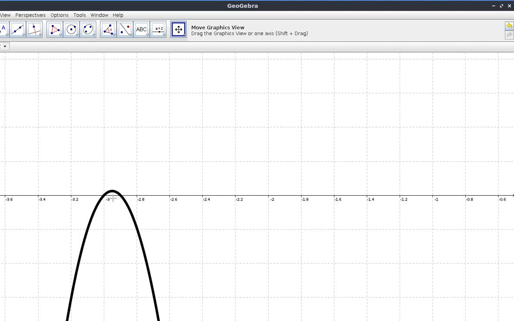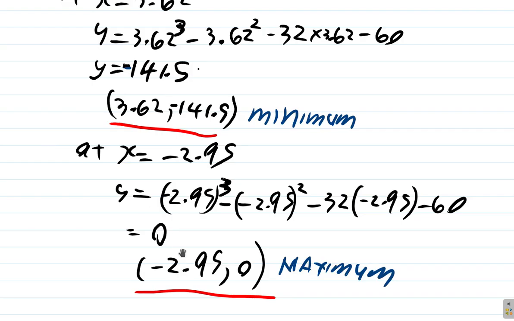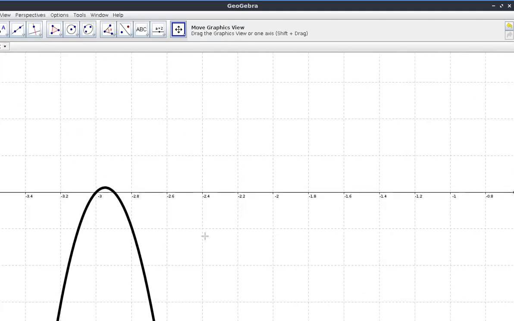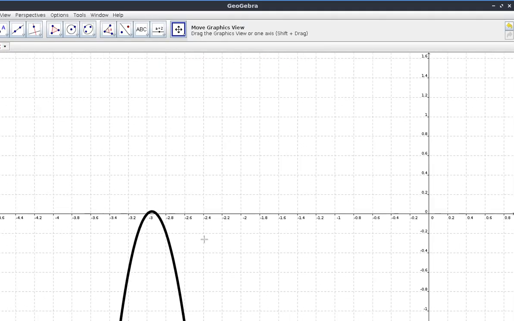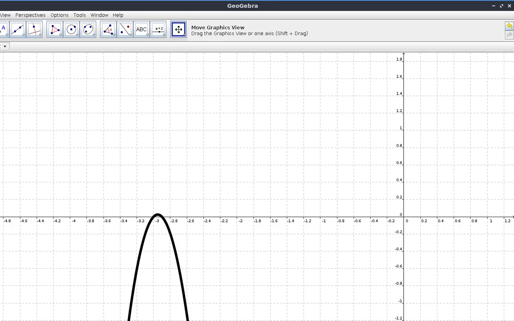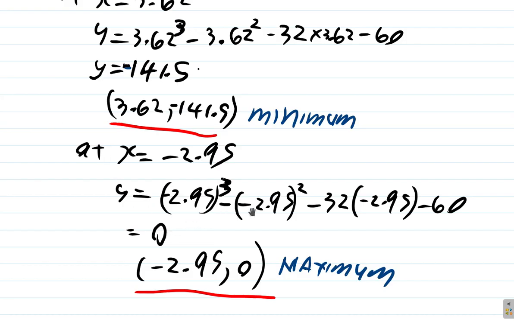You can see it's a tiny bit above 0. I remember that happened, but I equated it to just about 0 because it's so near. And then it's a maximum point. So there you have it.